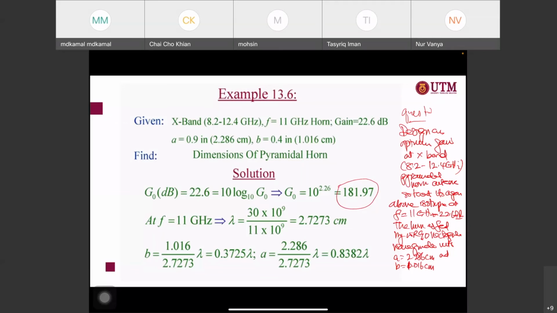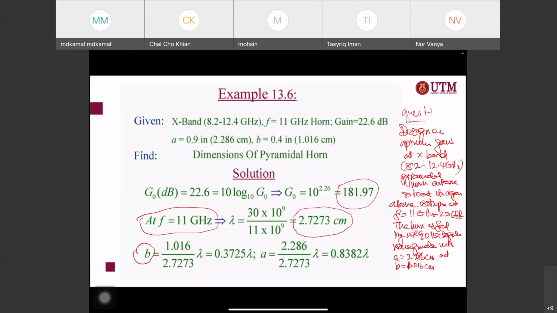So it is roughly about 181.97, as I mentioned. And F is equal to 11 gigahertz. The lambda is equal to 2.723. You need to calculate it by yourself and see whether you are getting the correct answer or not. So this is the waveguide dimension.